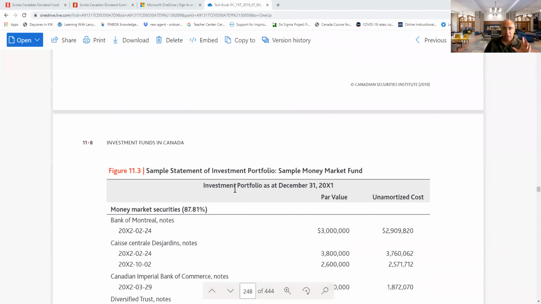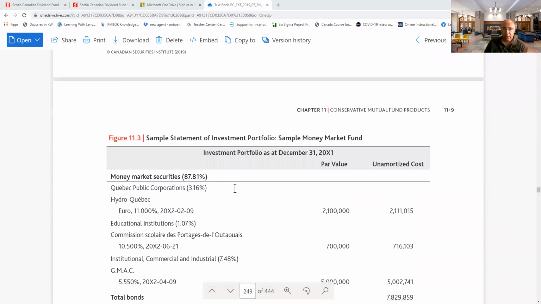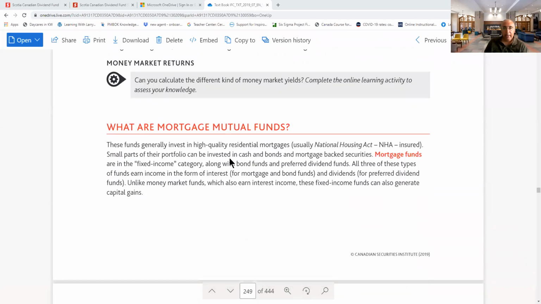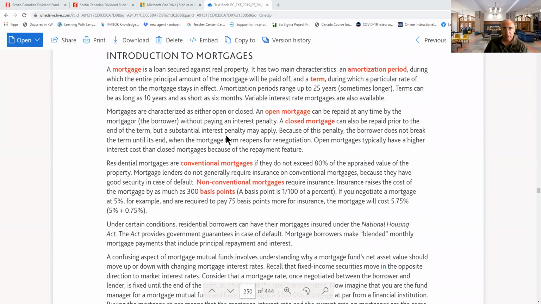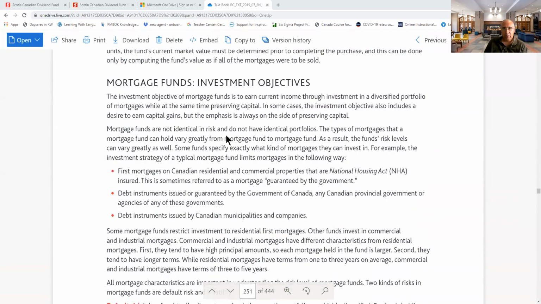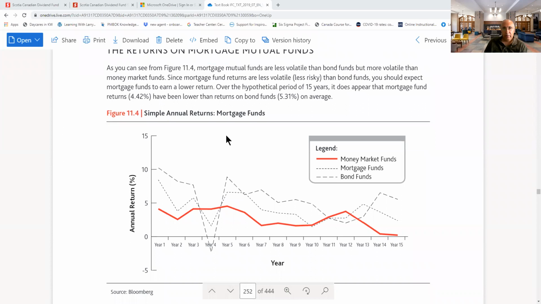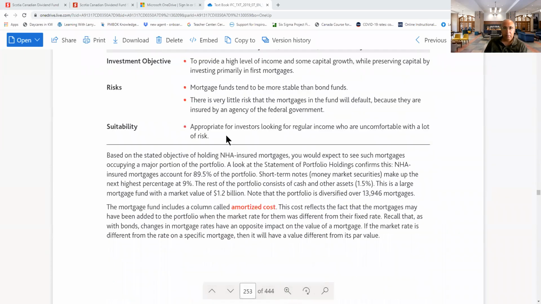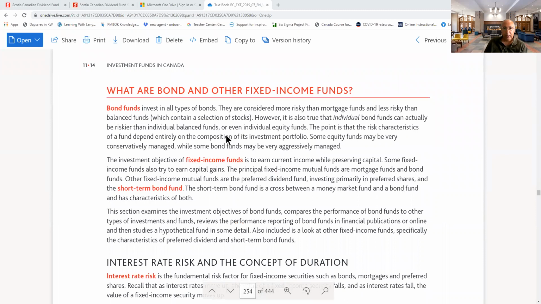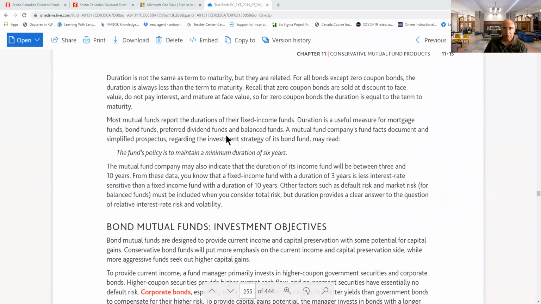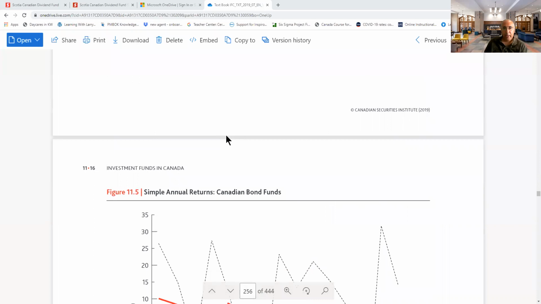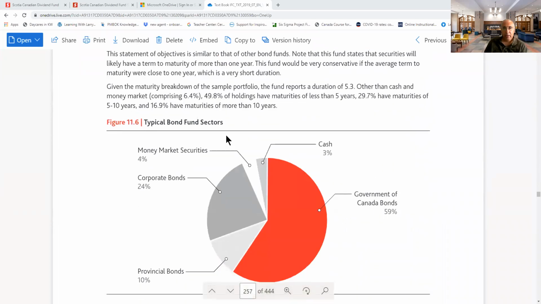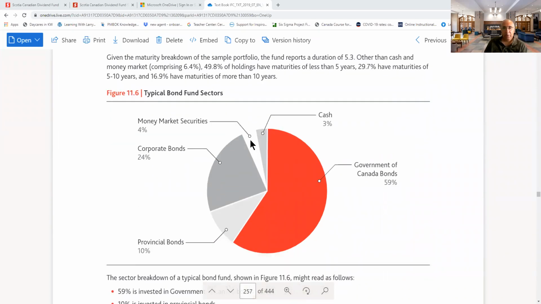In the money market section of your book, they talked about it overall and gave an example. I showed you the example. And then we talked about mortgage mutual funds, and how they get their returns. And then we talked about the other fixed income, the bond funds. They're showing a typical bond fund is going to be a little bit in money market, mainly government bonds, provincial bonds, and corporate bonds.